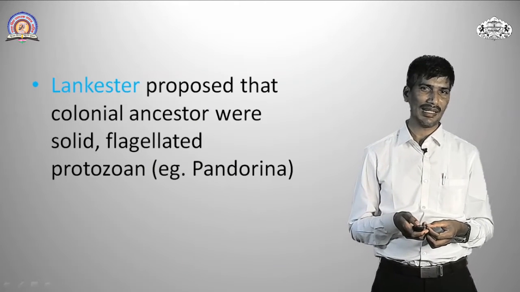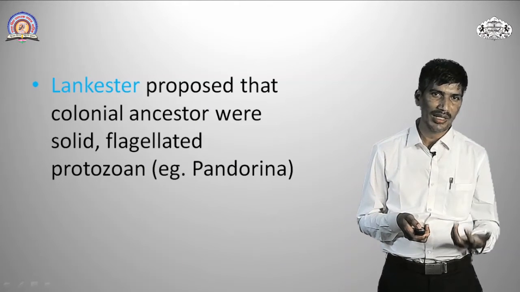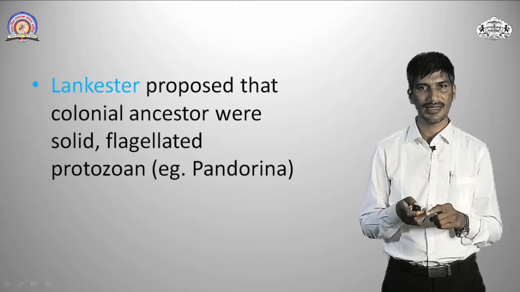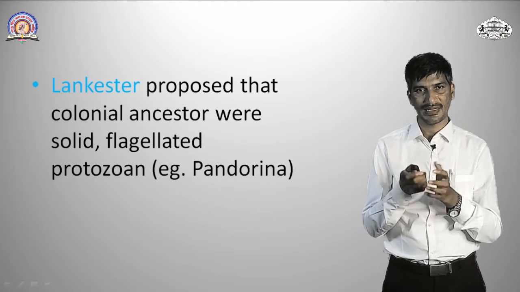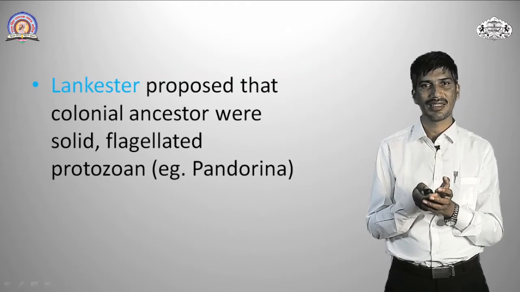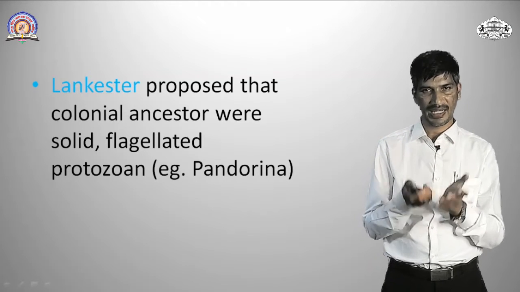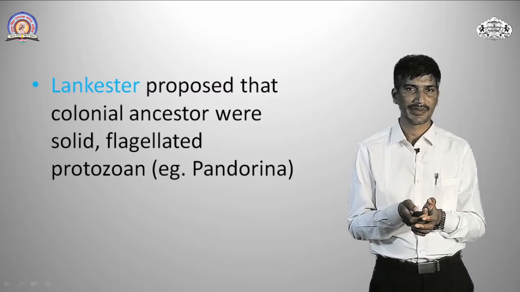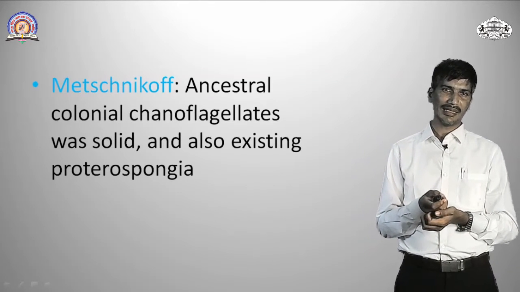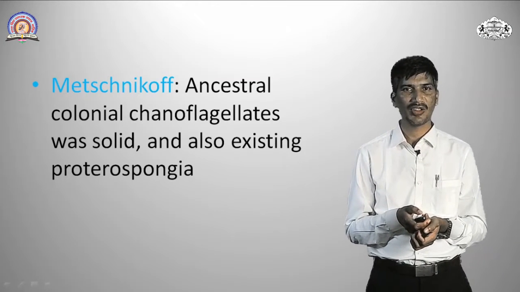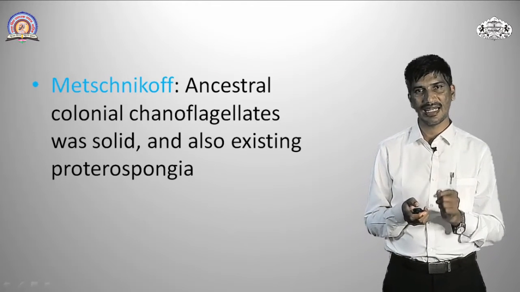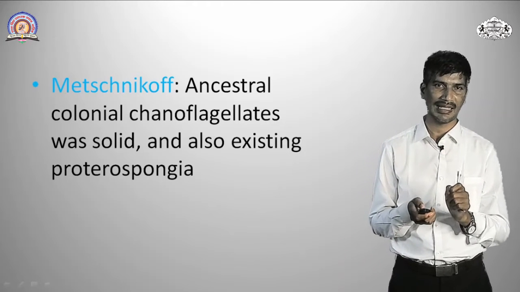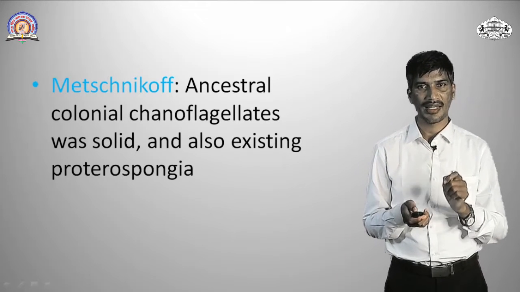Lancaster proposed that the colony of ancestors was solid, the flagellated protozoan, and this solid structure is known as Phagocytella. Then next is Metchnikoff. He suggests that the ancestral choanoflagellate cells were solid, and they also exist in Proterospongia.